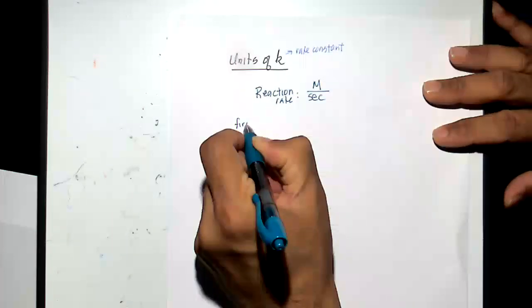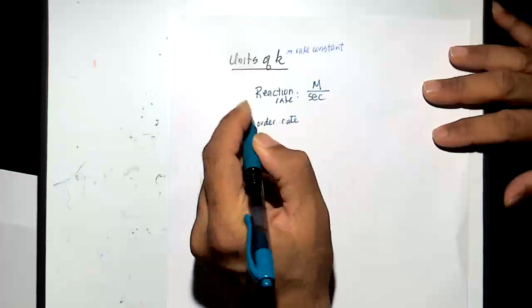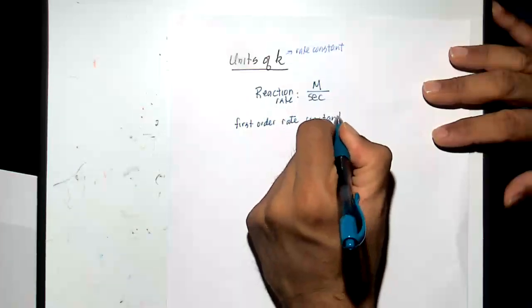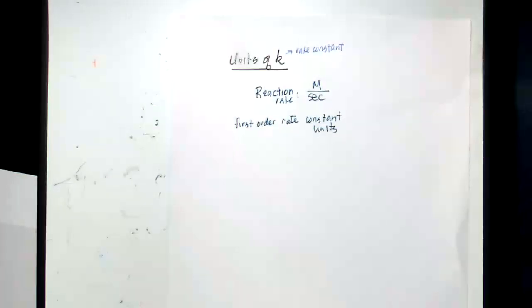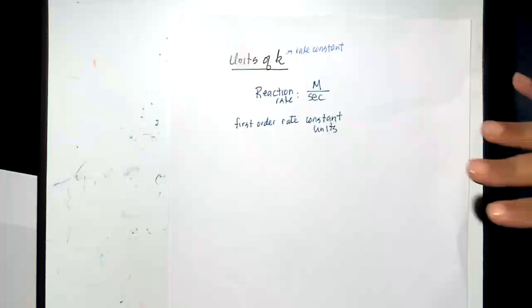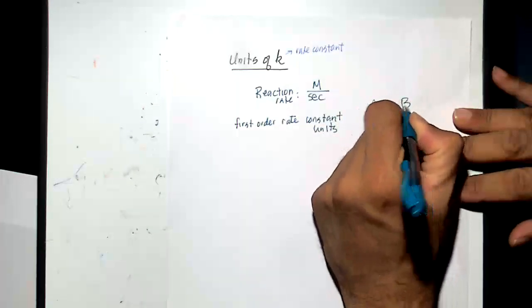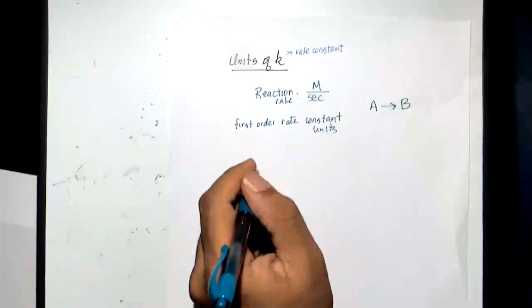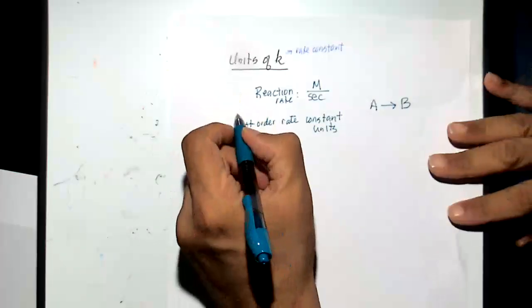But if you have a first order rate constant, first order rate constant units. Okay, let's say the reaction is A goes to B. Let's first do zero order. Okay, zero, first and second.